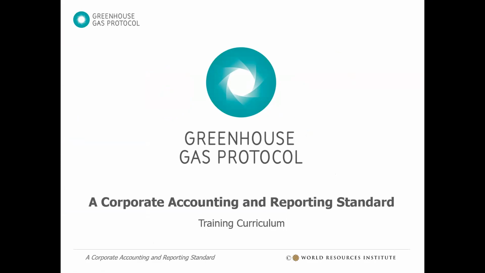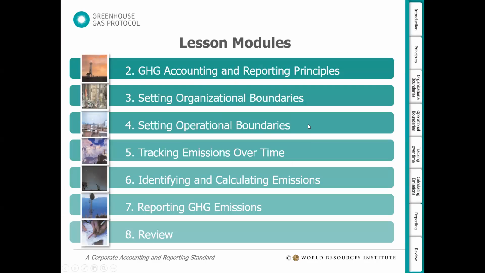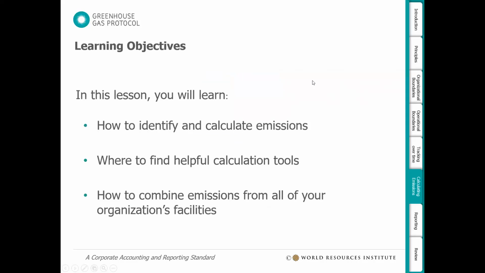So far, then, we've covered the main accounting steps in developing an inventory. We turn to the topic of quantifying emissions. And in this lesson, we'll cover how to identify the relevant emission sources to include in an inventory and how to calculate those emissions.